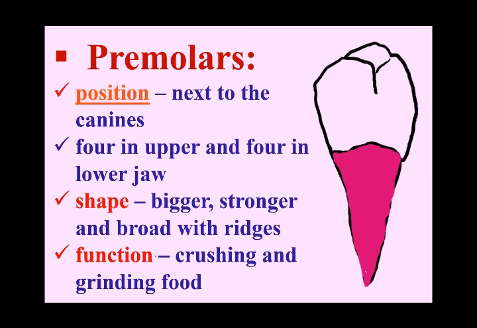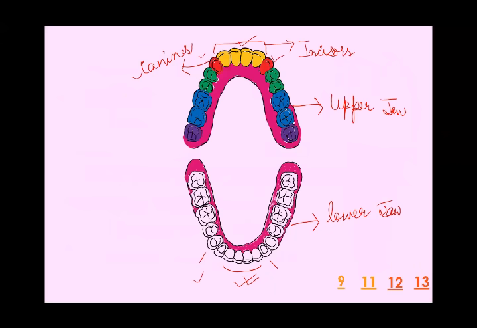Now the next permanent tooth is premolars. The position of the premolars is next to the canines. They are found next to the canines. Their number is 4 in the upper jaw and 4 in the lower jaw. The position can be best viewed here in this diagram.